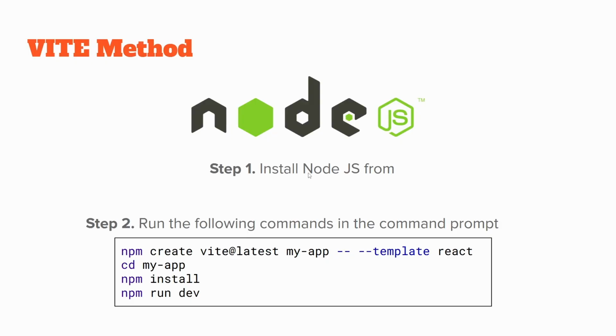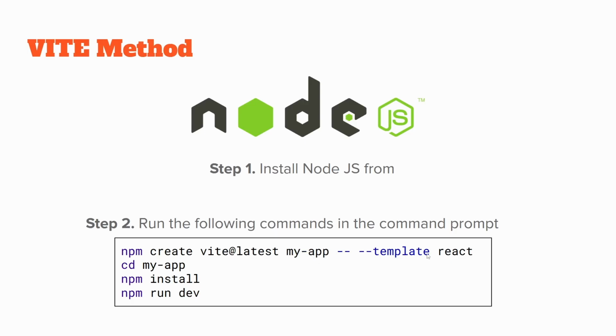For that, we have to install Node.js. You can download Node.js from its website. Once you have installed Node.js, this is the command: npm create vite at the latest, and this is the name of the app. Whatever name you want, you can put that over here.